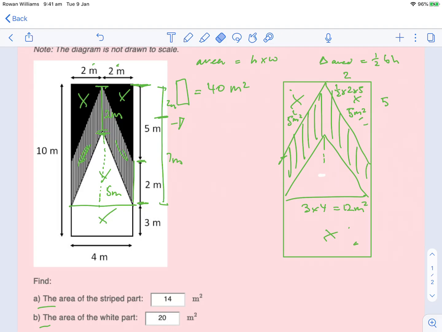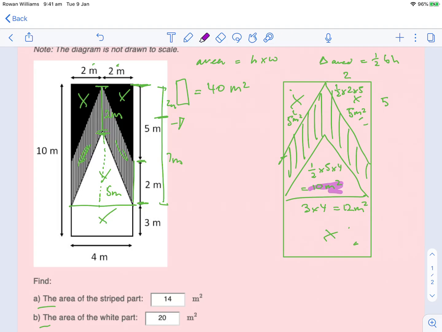I can work that out as half times 5 times 4, which is 20, and half of that is 10 meters squared.